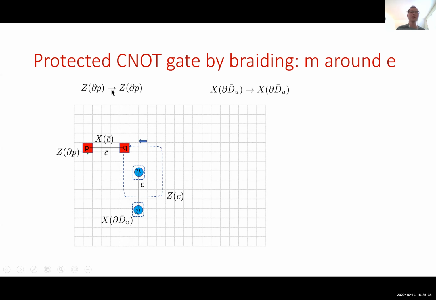There's also another logical X operator that remains unchanged. That's this one. I denote it as U, but it's actually V here. V doesn't change, but since V and U are equivalent, U also doesn't change.